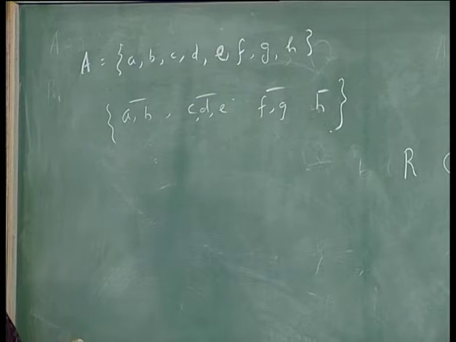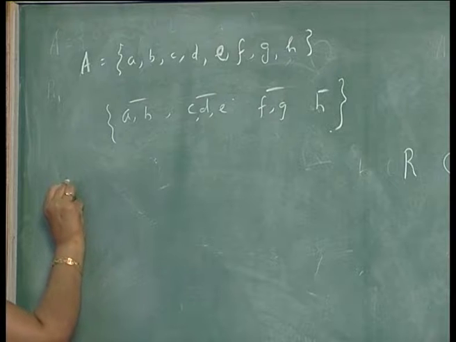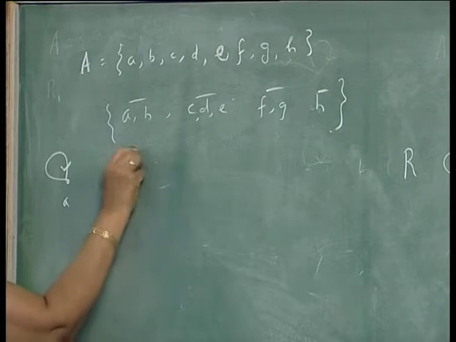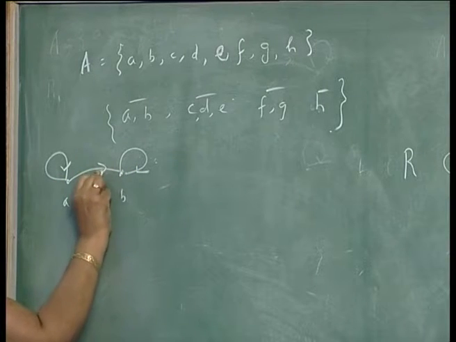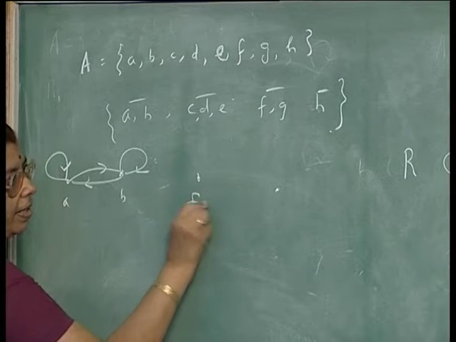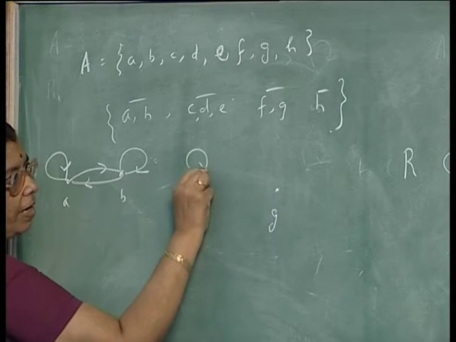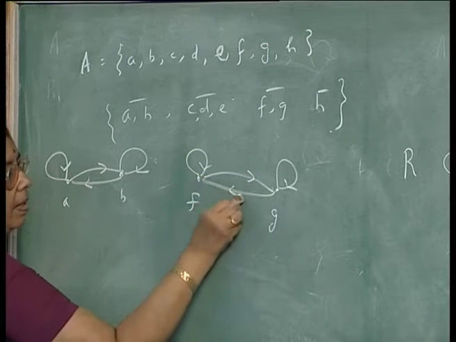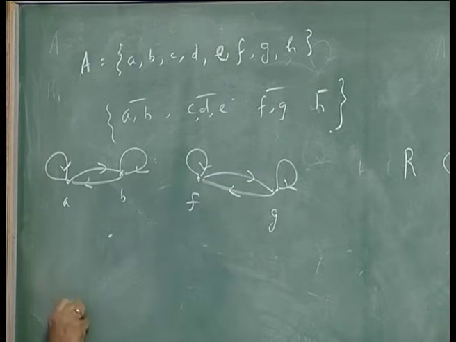This induces an equivalence relation on the set A, where A and B will be equivalent. So, you have A, B, the equivalence relation can be represented by this digraph. F and G are equivalent. So, you will have like this. C, D, E are equivalent.